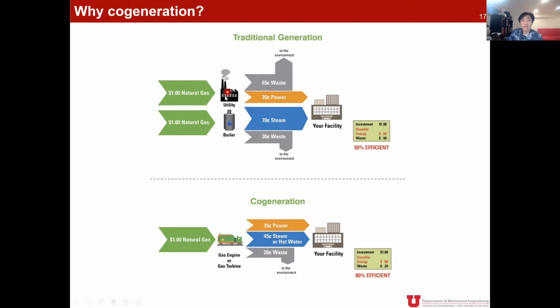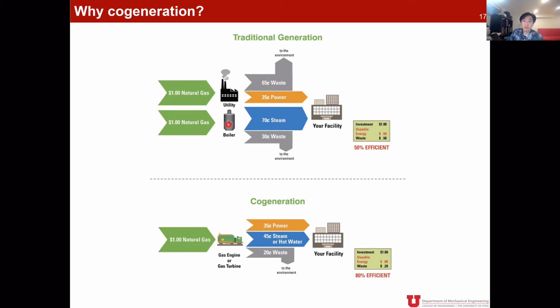So let's assume that this power generation facility consumes $1 natural gas. Usually gas power or any kind of power generation system has its thermal efficiency around 35%. What it means is that only 35 cents of $1 natural gas can be used to generate a power, and remaining 65 cents should be gone as a wasted heat.